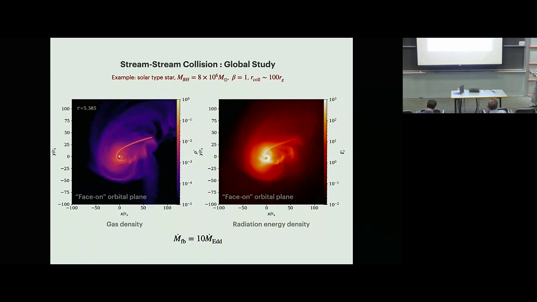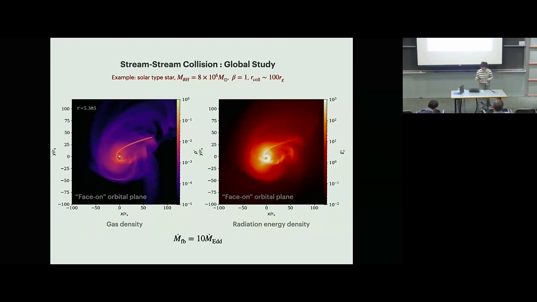I sped it up a little towards the end of the simulation. At this time, if we look at where the brightest part of the radiation energy density map is, it has already shifted from where the stream-stream collision happens to the central region where gas starts to accumulate and circularize.